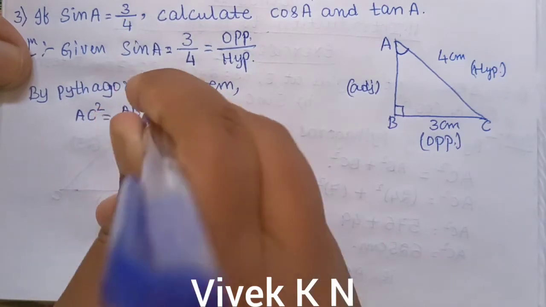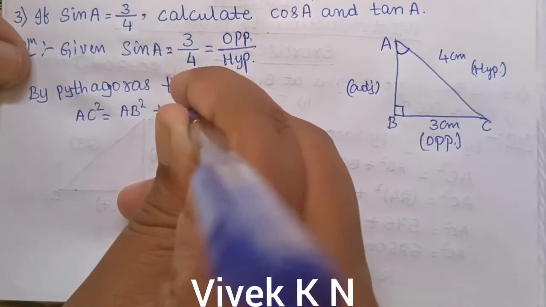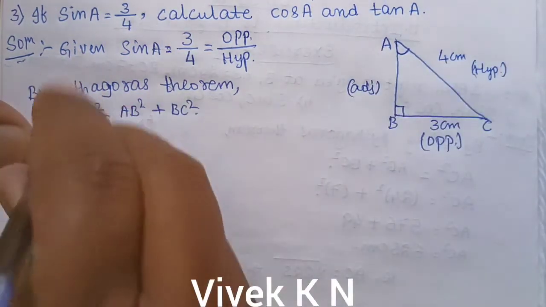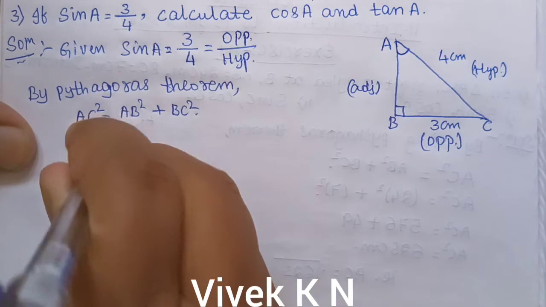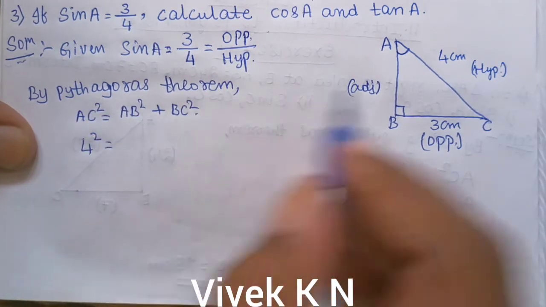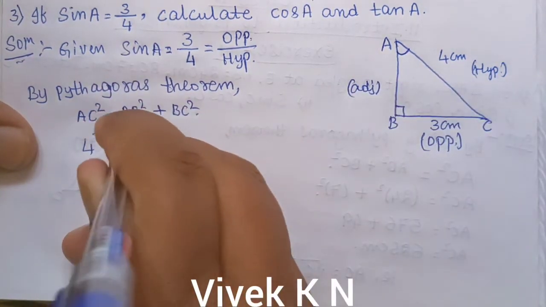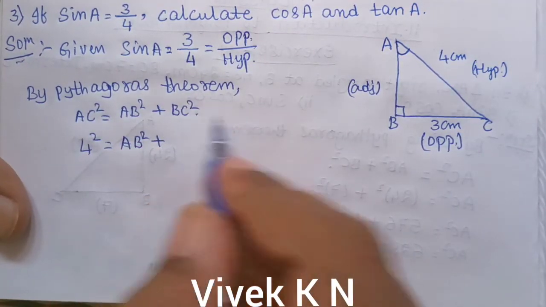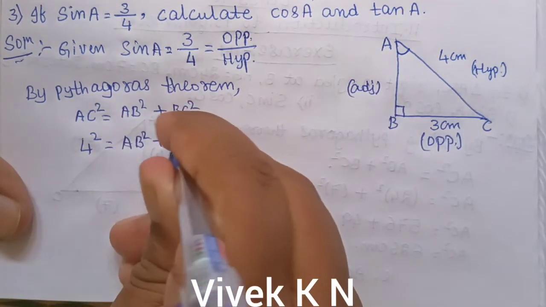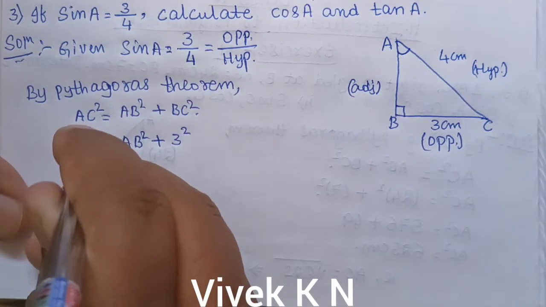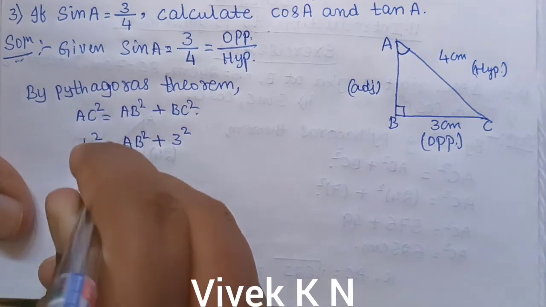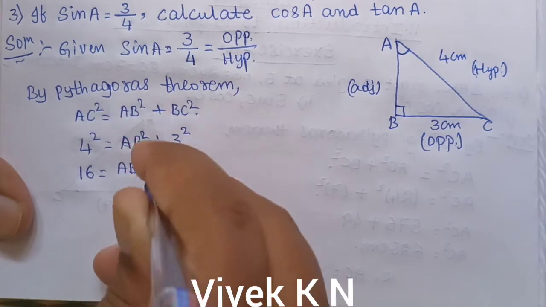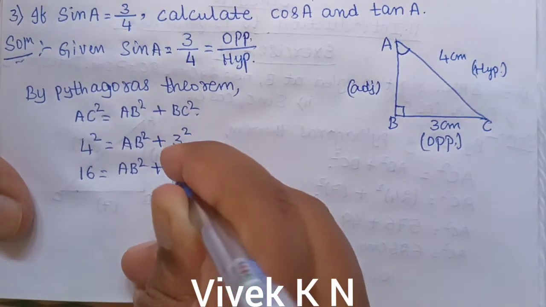The value of AC is 4 centimeter, that is 4 square. The value of AB is unknown, so write AB as it is, and the value of BC is 3, that is 3 square. The value of 4 square is 16, which is equal to AB square plus 9. The value of 3 square is 9.